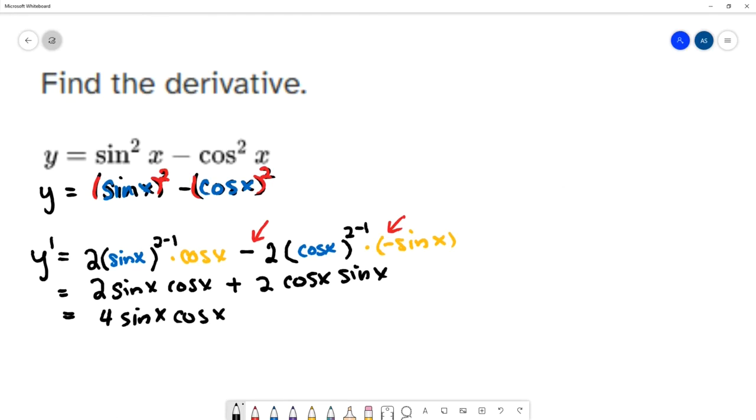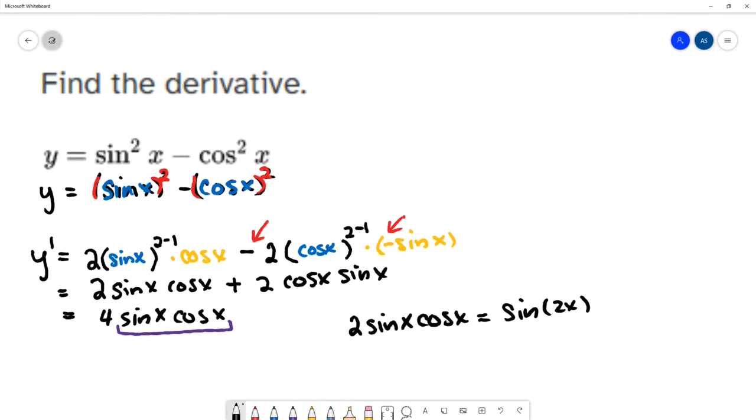You can stop here, but some people would notice that when you see a sine x times a cosine x, it reminds you of some of your trig identities. There's a trig identity called the double angle identity that looks something like this: 2 sine x cosine x is equal to sine of 2x.